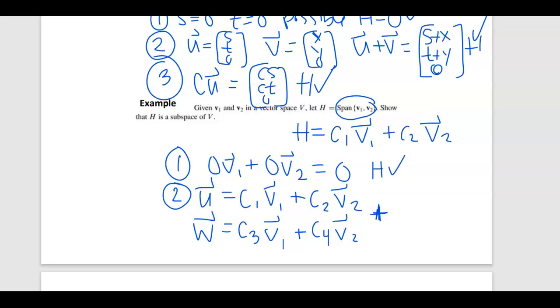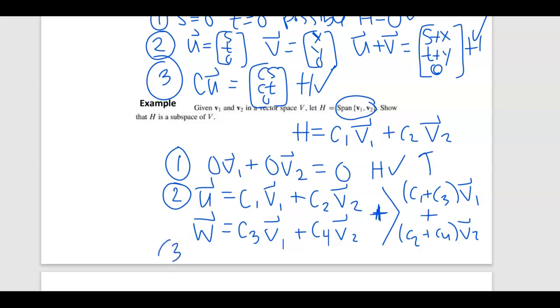If I add these together, then I have a constant c1 plus c3 in front of v1, and a constant c2 plus c4 in front of v2. That's still in H, it still models that same format that we're looking for.